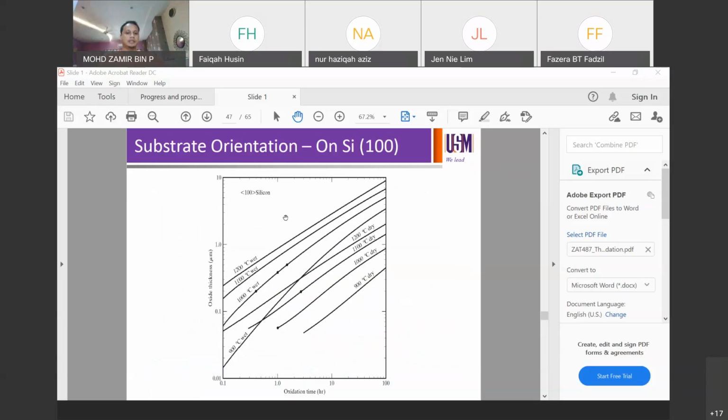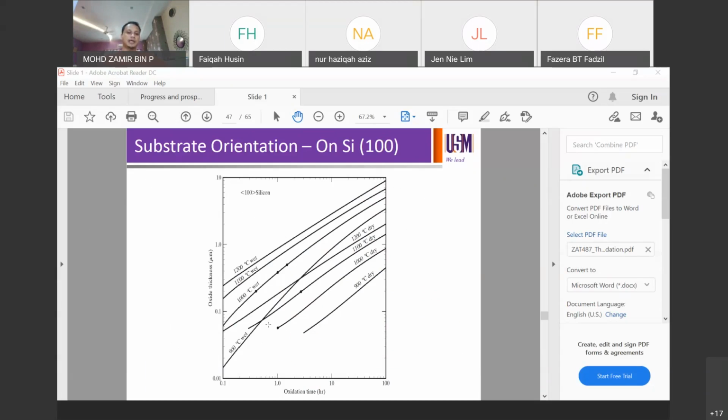Wet or dry process. So this is 100. Okay, let's look at this process now. If you run a wet oxidation process at 1000 degrees C for 1 hour, what will be your oxide thickness? Let me repeat.